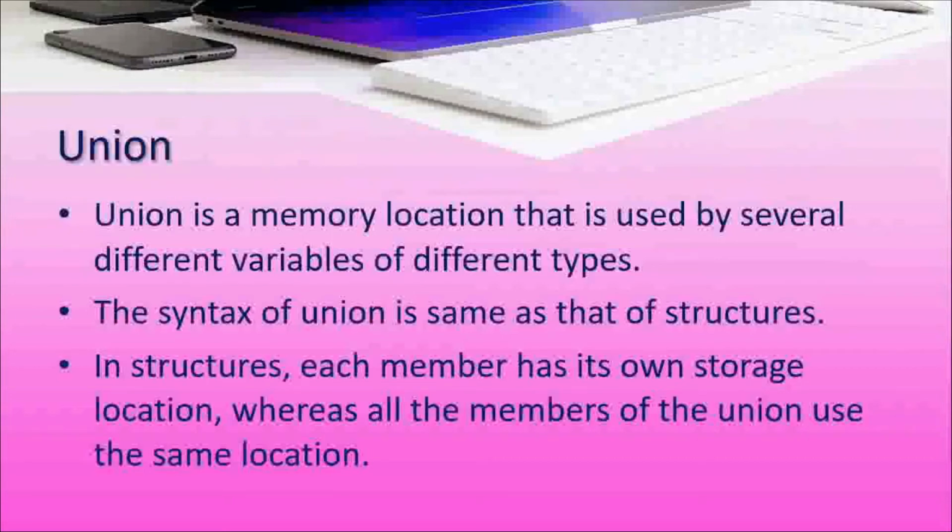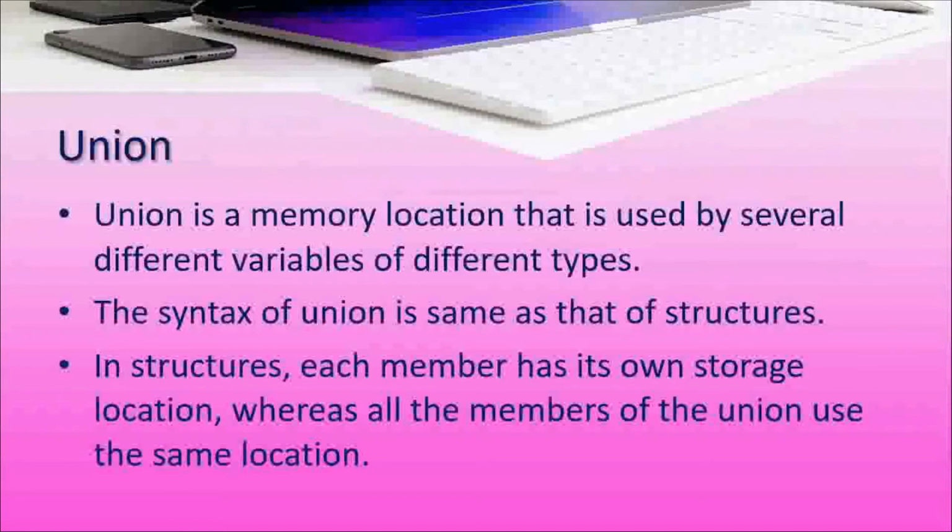But the difference between a structure and a union is that in a structure, for each member, that is each element, a separate memory location is stored. That is, if there are 5 different members within a particular structure, memory locations will be allotted for each of these 5 members separately.